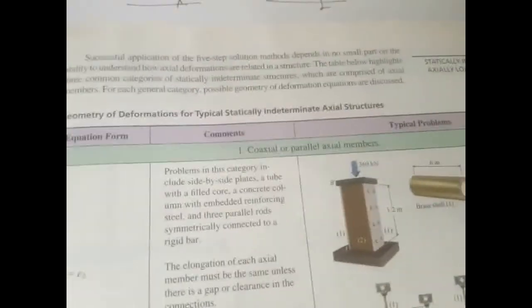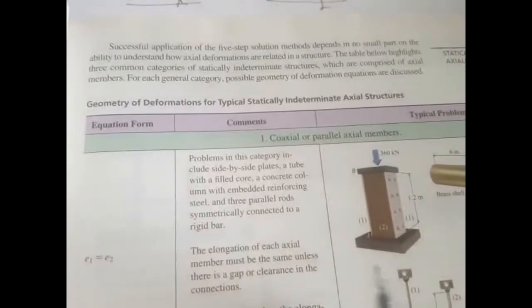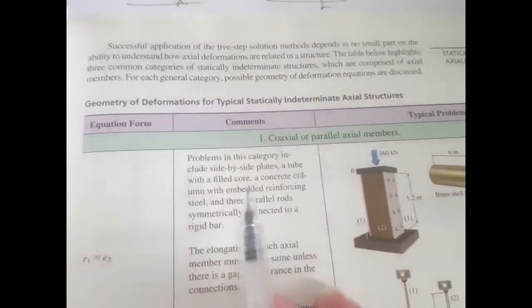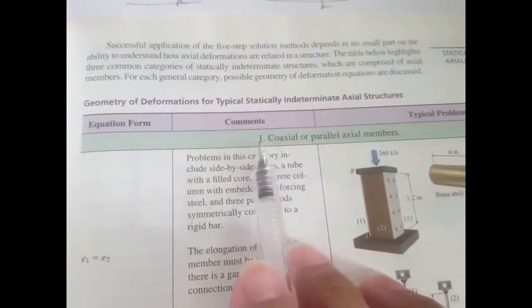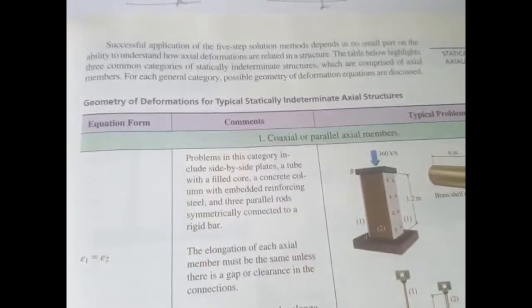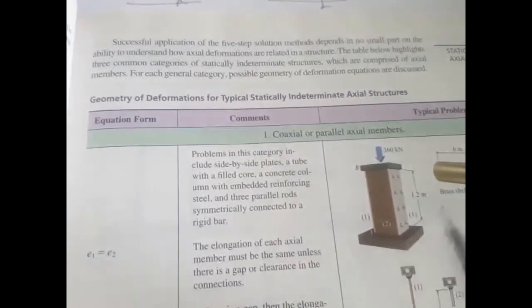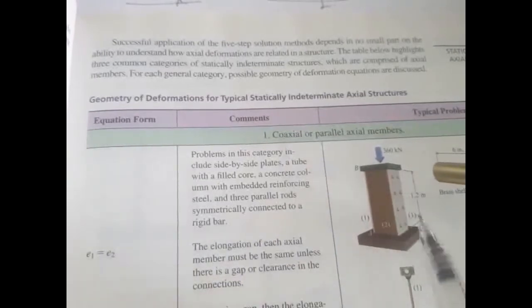Right here on one of the pages, there is a table regarding the geometry of deformation, with a classification of how you describe the geometry and put up an equation based on the given situations.